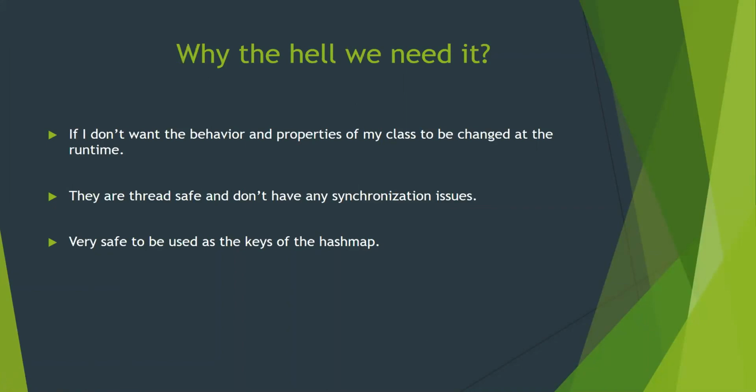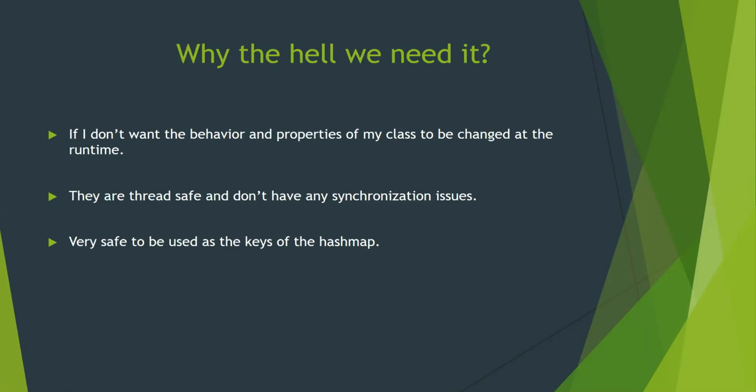They have an advantage that they are thread safe. How are they thread safe? Because the contents, the properties and the behavior of the class cannot be changed at runtime. So different threads can access the same object and they make sure that its properties are not changed. So it is safe to be used between different threads.